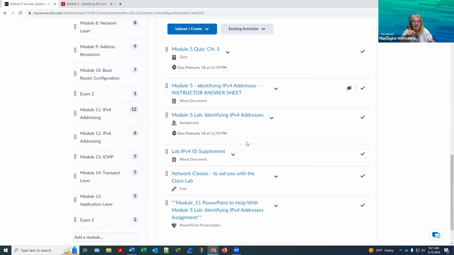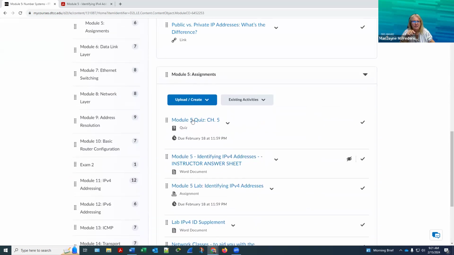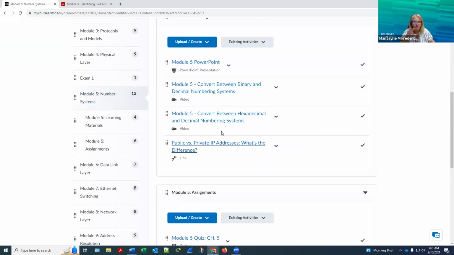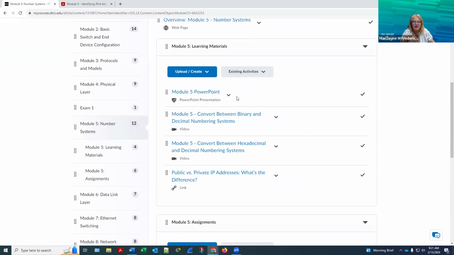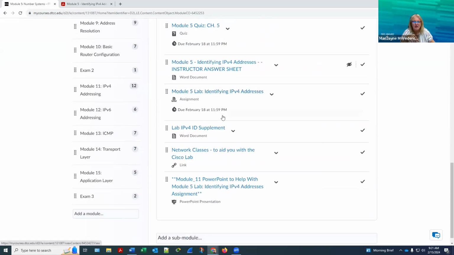See, I have it right here underneath the module 5 assignments, right here underneath the whole area where you have your learning materials and my lecture. But I have it right here just below as a supplement to your assignment. Okay, so I will fix and make it so you can see it, make it a little smaller so you can see the cheat sheet. They just call it a cheat sheet. You're not cheating. It's just a cheat sheet.